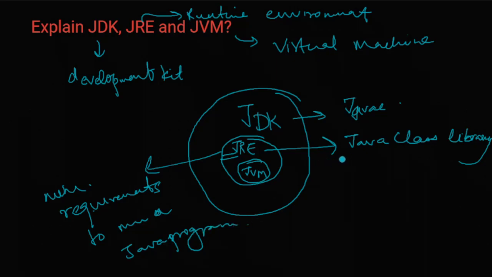In this JRE, we require a JVM also. Among those minimum requirements, the most important one is a virtual machine. The virtual machine is basically a specification, an implementation that checks that a computer meets the requirements to run the program. So the JVM is one of the most important parts of the JDK and JRE.